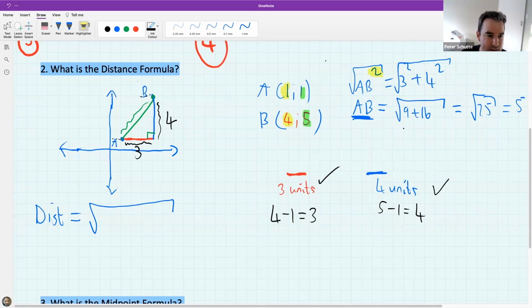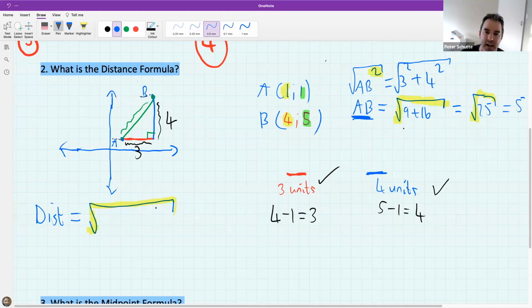Give me a thumbs up if you understand why there has to be a square root here and also in my formula. Because Pythagoras has all squares, and so to undo the squares, we need a square root.